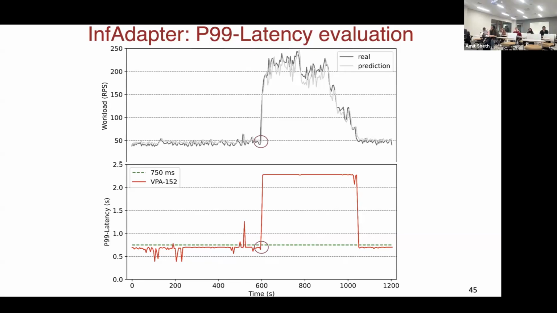So a student created one version of VPA that only used one variant, like ResNet 152, and this is how it varies when you get hit by this number of requests in the workload. This is the variation in latency. What does it mean? We imagine a relevant constraint, a latency that the system has to meet.